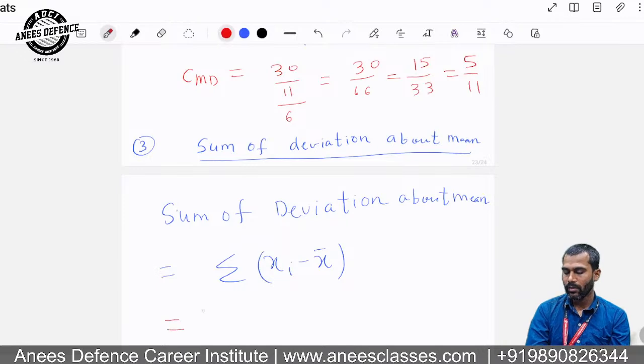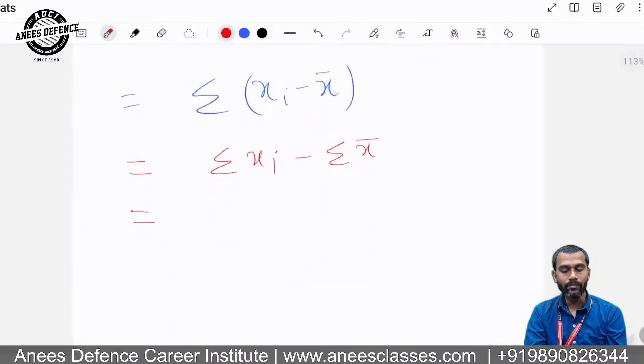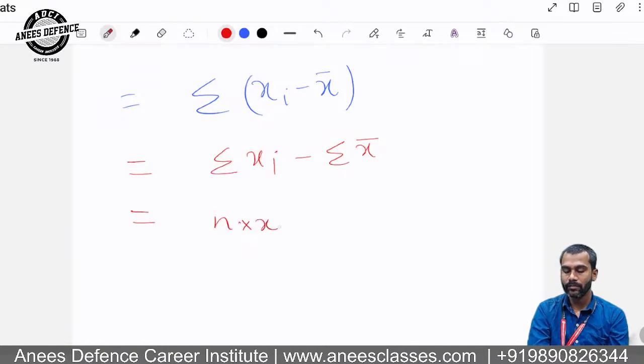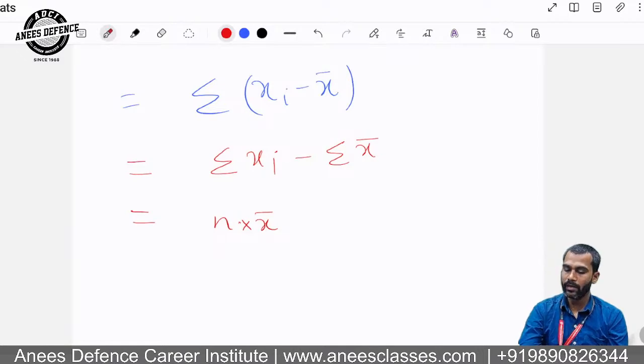Now tell me, apply the summation here. What will we get? Summation xi minus summation x bar. Yes or no? And we already know what summation xi is, that is n into x bar. I can write, because summation xi upon n is nothing but x bar. See, I'm writing here. What is x bar?